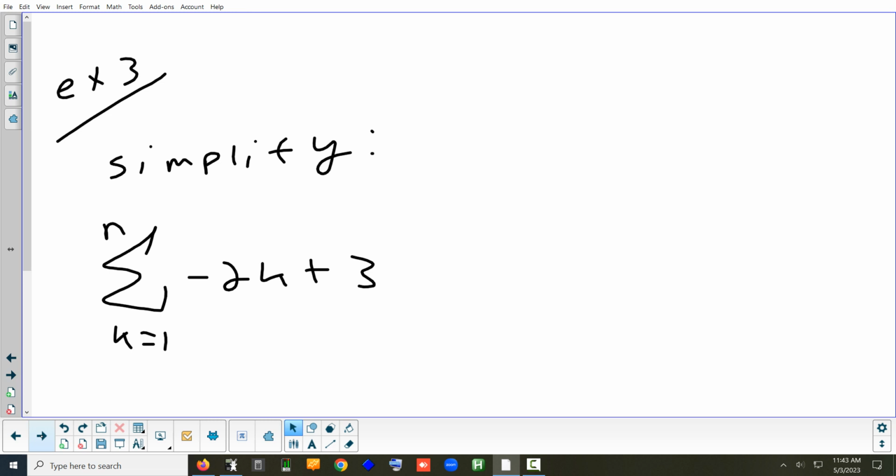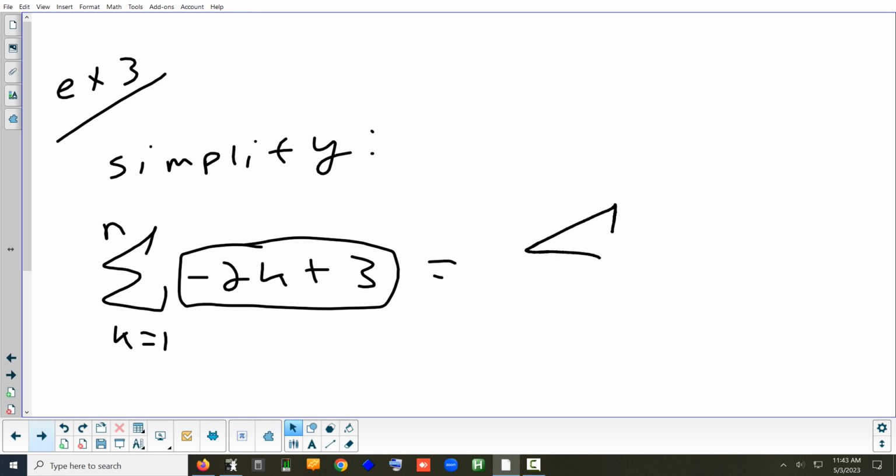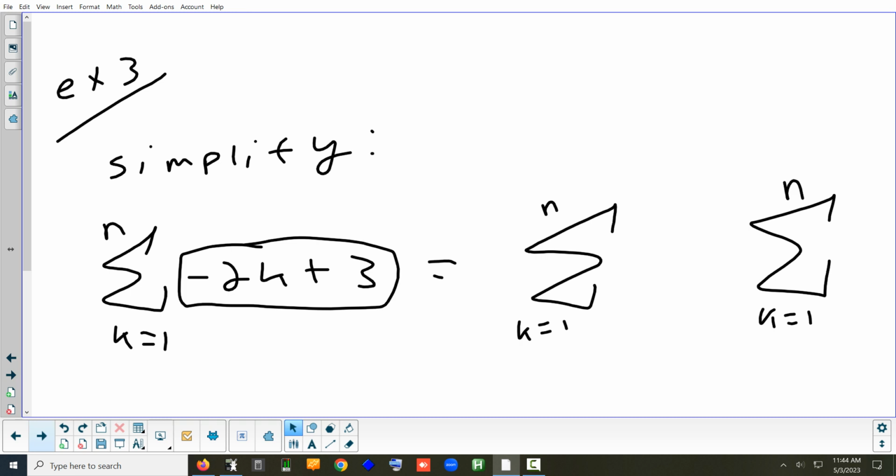So the first thing we want to do is try to simplify this. The way we're going to simplify it is to split this up into two different sigmas. Let's start with this one and this one. They're both k equals 1 to n. What do you think is going to be my formula for my first sigma?